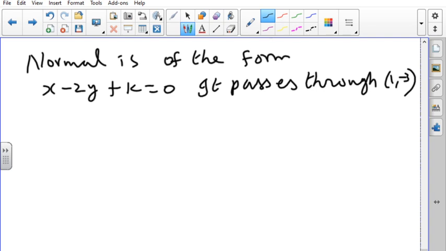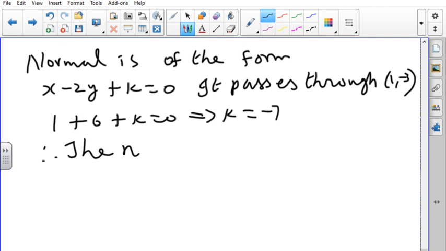So substituting here we get 1 plus 6 plus k is equal to 0. So from this we get k is equal to minus 7. Therefore the normal is x minus 2y minus 7 is equal to 0.